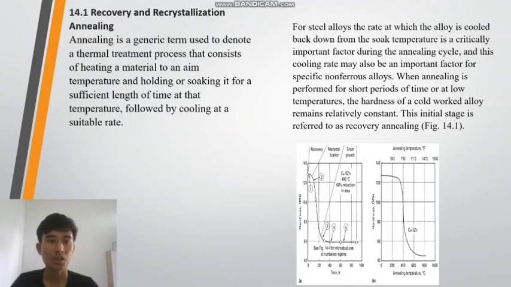For steel alloys, the rate at which the alloy is cooled back down from the soak temperature is a critically important factor during the annealing cycle, and this cooling rate may also be an important factor for specific non-ferrous alloys. When annealing is performed for short periods of time or at low temperatures, the hardness of a cold worked alloy remains relatively constant. This initial stage is referred to as recovery annealing, figure 14.1.